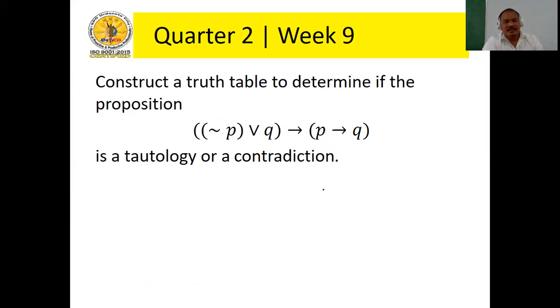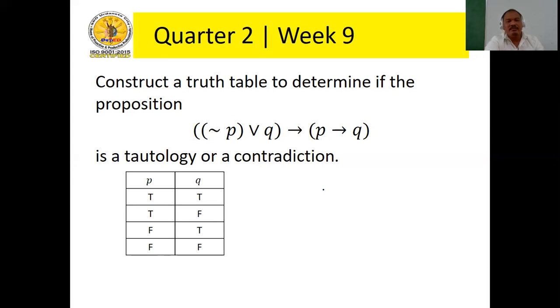Okay. Let us have this proposition. We have P, not P or Q, then P, then Q. So we're going to say that this first column will be your P, so that will be basic, and Q will be your second column.